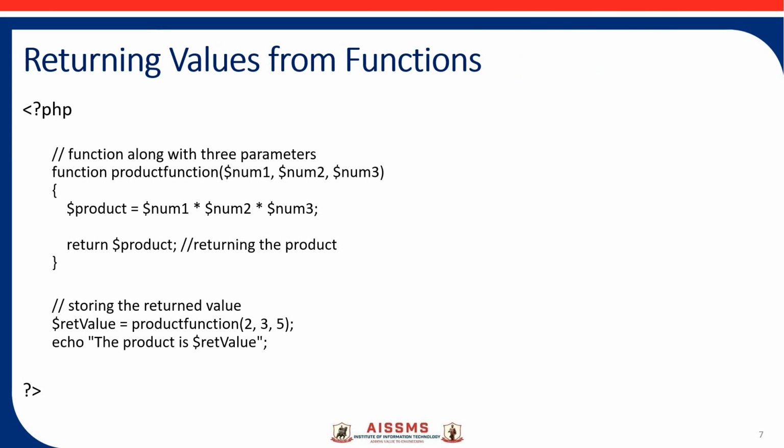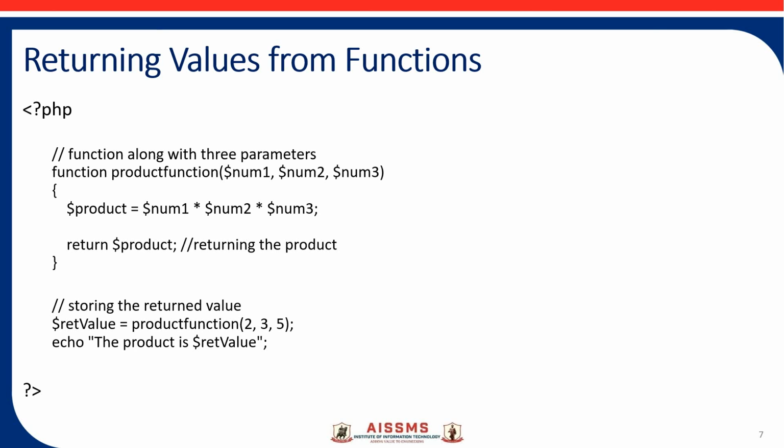Returning values from a function. Here, in the product function, there are three arguments 2, 3, 5. When the function is called, 2 is stored in $num1, 3 is stored in $num2 and 5 is stored in $num3. The product is equal to $num1 times $num2 times $num3.